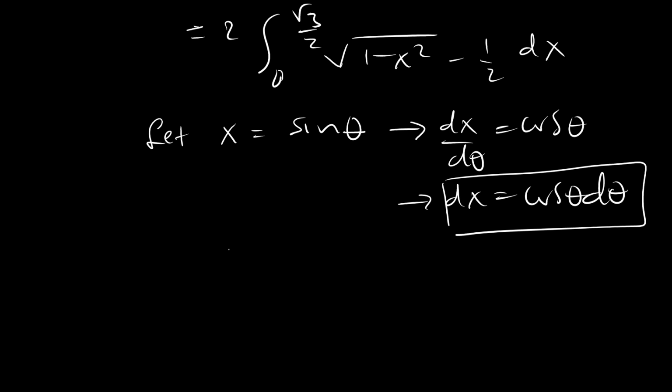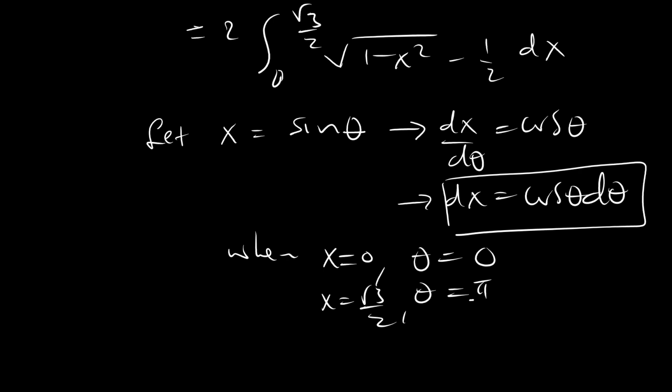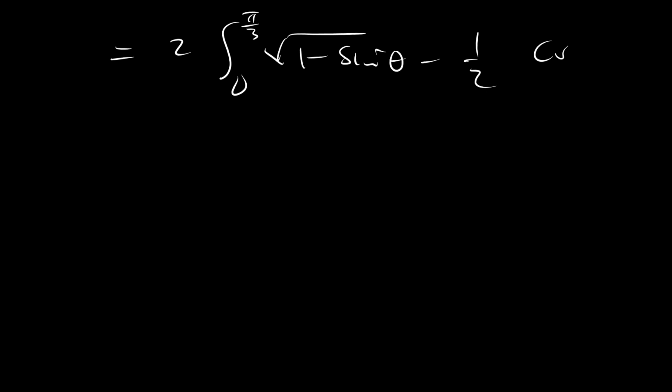And then when x is equal to 0, theta would be equal to 0. When x equals root 3 over 2, theta would be equal to pi over 3, right? And therefore our problem becomes twice the integral from 0 to pi over 3 of the square root of 1 minus sine squared theta, minus a half, cosine theta d theta.